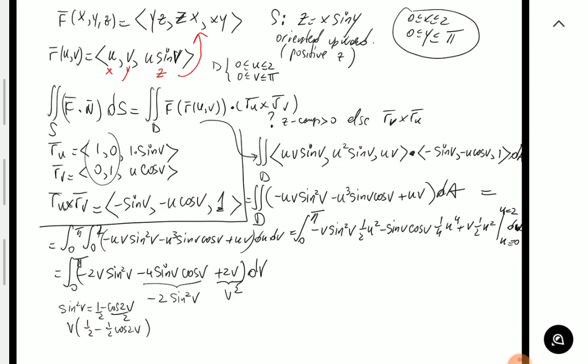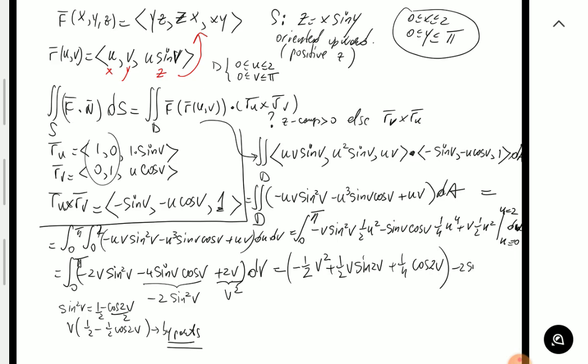Okay. So you're going to have to use integration by parts. Integration by parts is a rather tedious piece here. But all in all, the antiderivative should be, for the first term, minus 1/2 v squared, 1/2 v sine of 2v plus 1/4 cosine of 2v. That's the first piece.